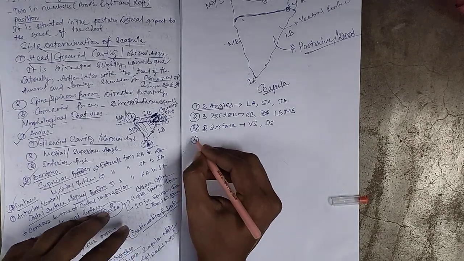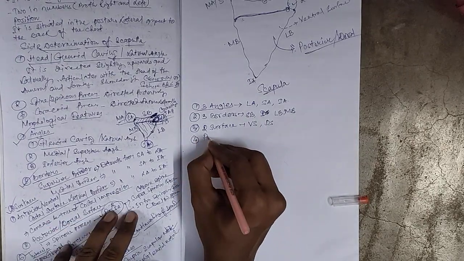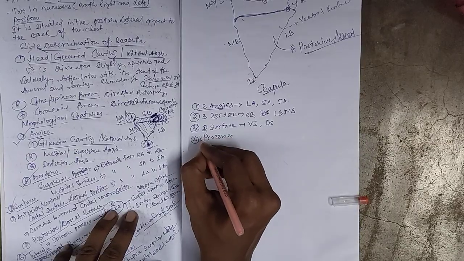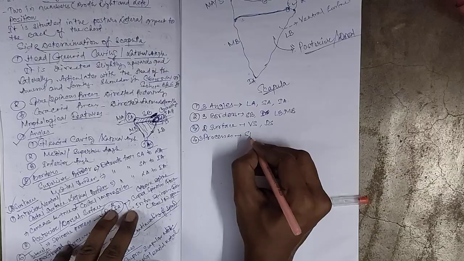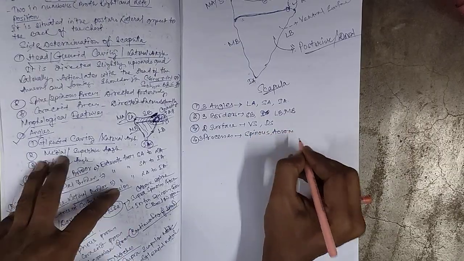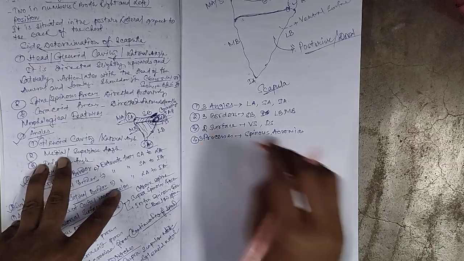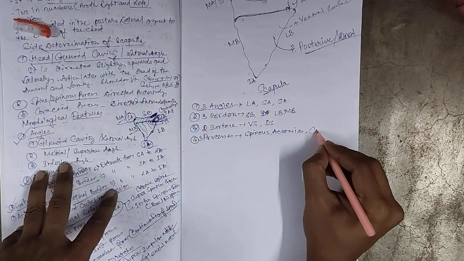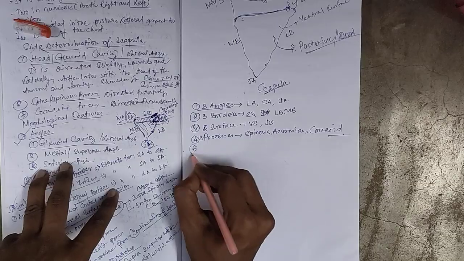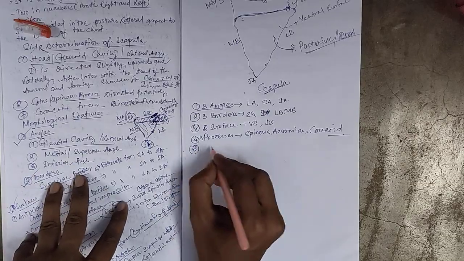Then we have discussed the processes, and there are three processes. These are the spinous process, acromion and coracoid. So these are the three processes. Then number 5, that is the notches.